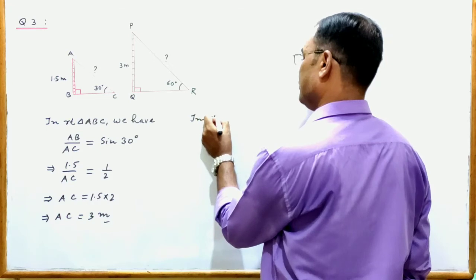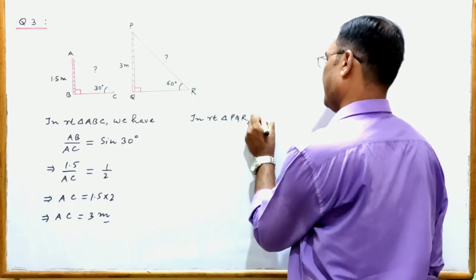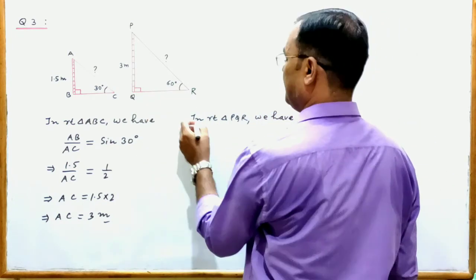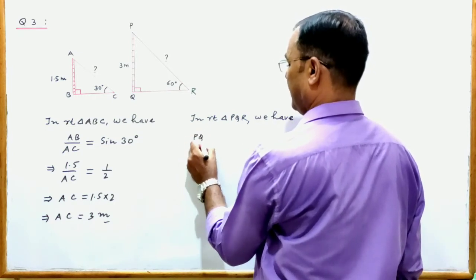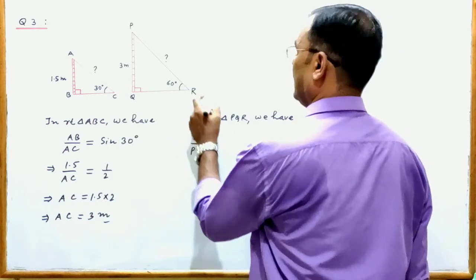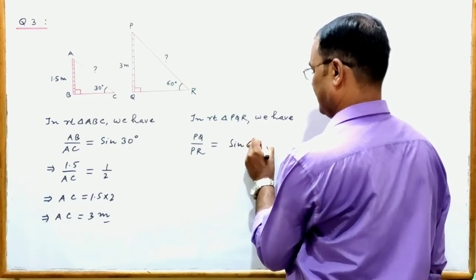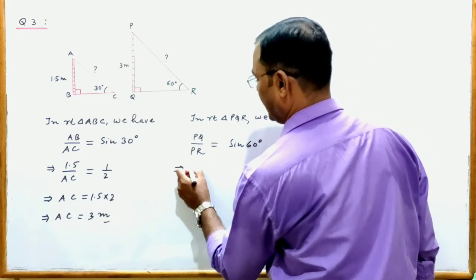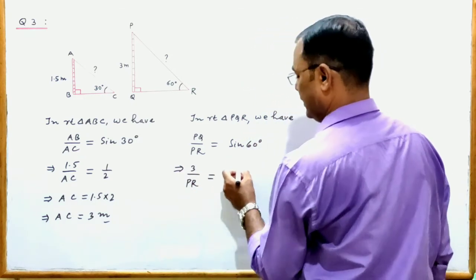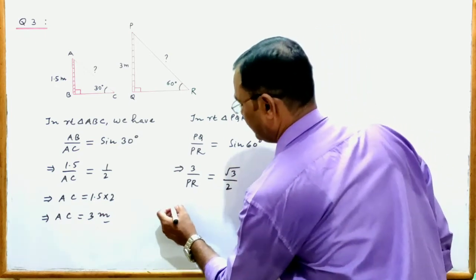So in right triangle PQR, we have PQ by PR is equal to sine 60 degrees. PQ is 3 meter, PR we have to find, sine 60 degree value is root 3 by 2.